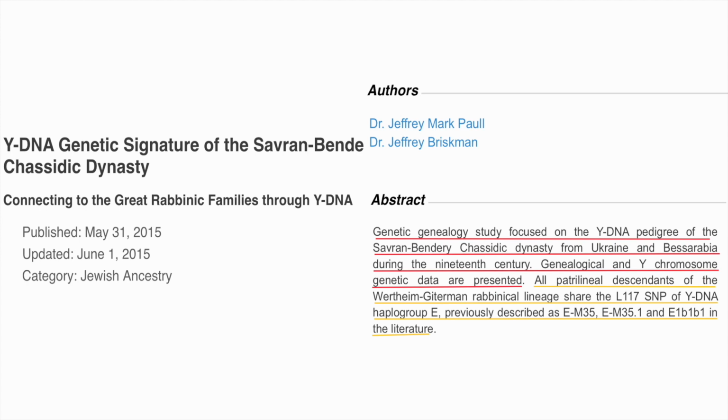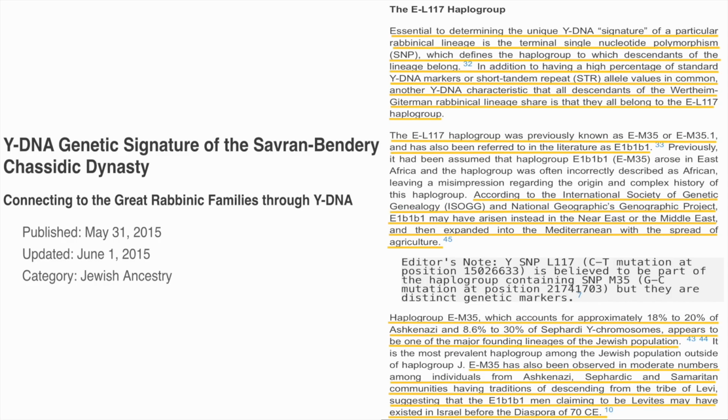All patrilineal descendants of the Wertham Gitterman rabbinical lineage share the L117 SNP of Y-DNA haplogroup E, previously described as E-M35 in the literature. Essential to determining the unique Y-DNA signature of a particular rabbinical lineage is the terminal single nucleotide polymorphism, SNP, which defines the haplogroup to which descendants of the lineage belong. In addition to having a high percentage of standard Y-DNA markers or short tandem repeats, STR, allele values in common.